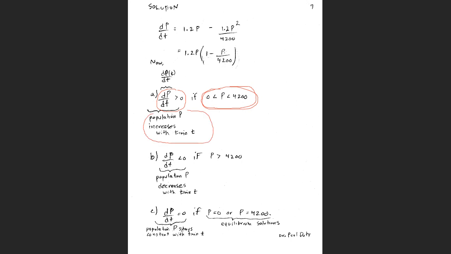If we start out with 1,000 deer, initially the population will increase exponentially, because there are a lot of resources available. But eventually the population is going to level off and reach the equilibrium, or the carrying capacity. With this simple model, it'll just stay at 4,200.